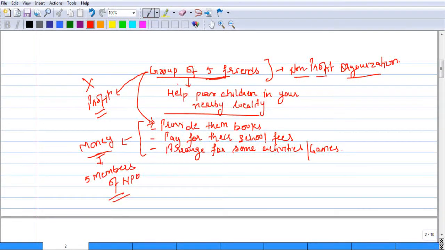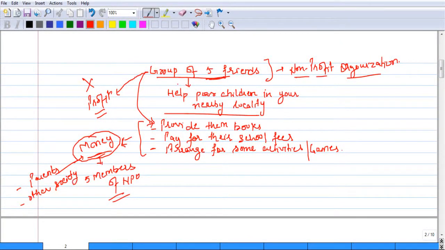The government says you have to record this money somewhere. You have to account for this money that you are receiving from the members. And there is a possibility that you might get this money from other people also, like your parents, then other society members.